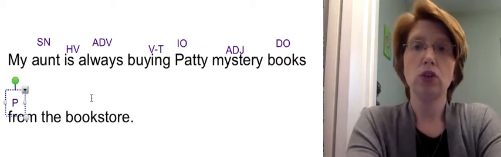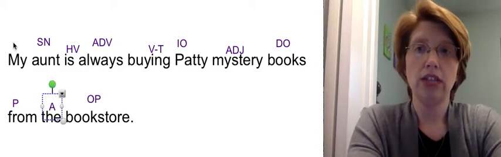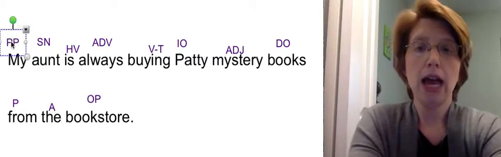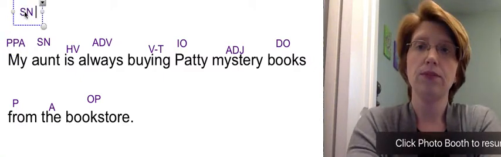Buying books for whom? Patty, I-O, indirect object. From, preposition. From what? Bookstore, object of the preposition. The, article adjective. Whose aunt? My, possessive pronoun adjective. Subject, noun, verb, transitive, indirect object, direct object, pattern 3, check.